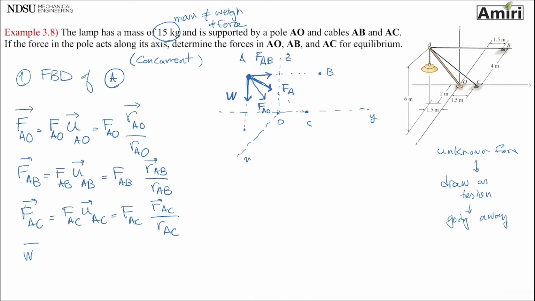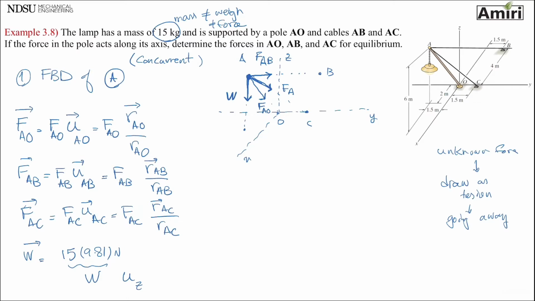And my W, which is the easiest of all, I have the magnitude of it, 15 times 9.8 newtons. So this is magnitude W, unit vector of the direction.